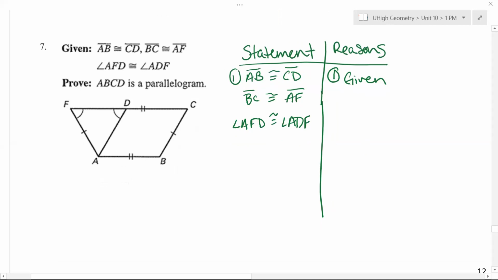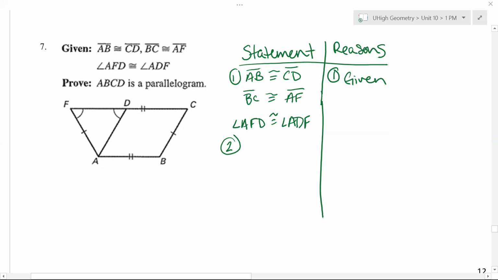So step 2, I'm trying to prove that ABCD is a parallelogram, just part of this image here.